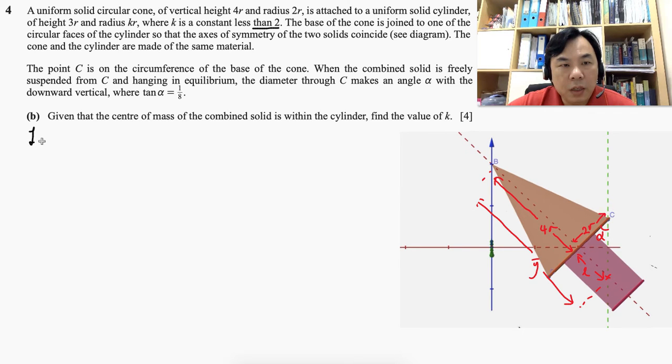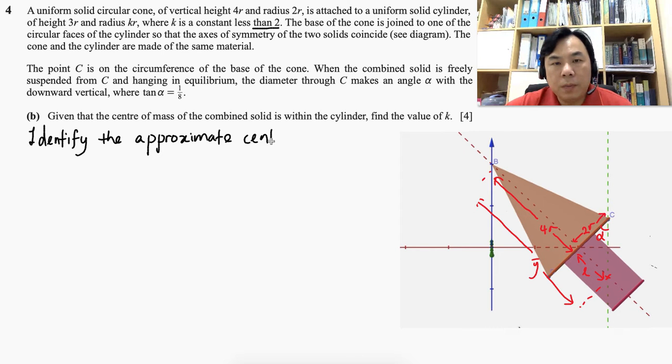So the key thing here is to identify the approximate center of mass. So at least we know whether it's here or whether it's here.